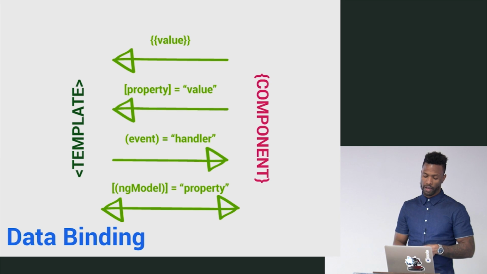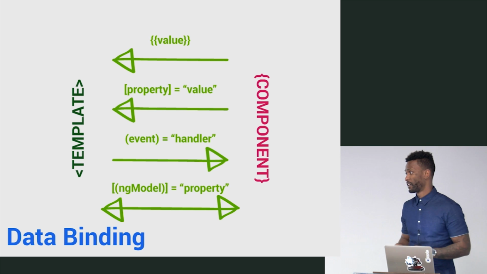And below we have the one example of two-way data binding, which is what we're used to in Angular 1, where it just goes both ways, which is really handy for forms. Probably the only reason to use two-way data binding is for forms. I can't think of any other reason why you would use it, in my opinion. Any questions on this stuff?